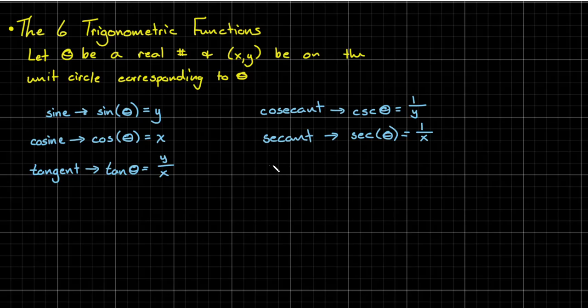Well, what's our last one? We have the sine, the cosine, the secant, the cosecant, the tangent, the cotangent. What's the shorthand for cotangent? COT, indeed. And if tangent is y over x, then the cotangent must be x over y.